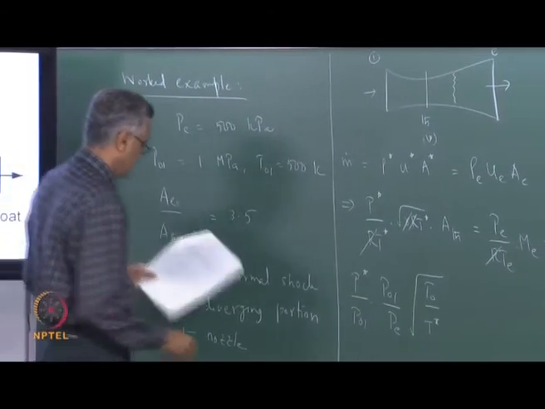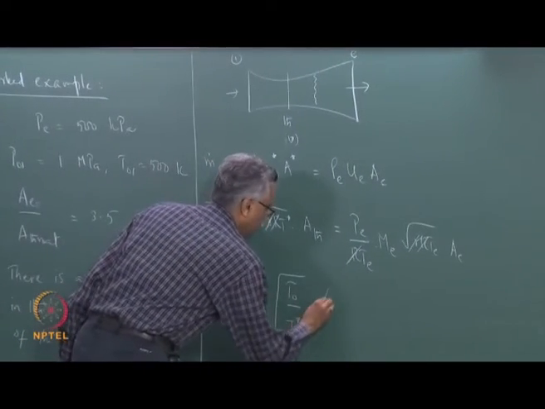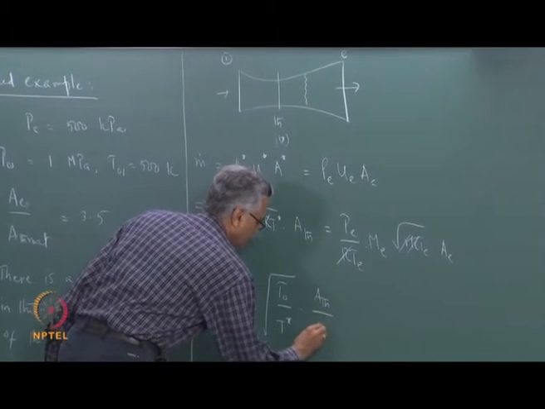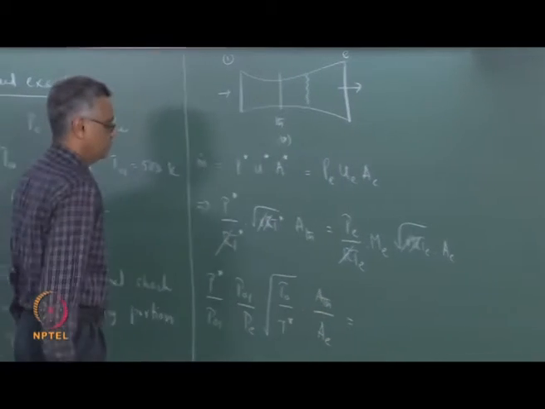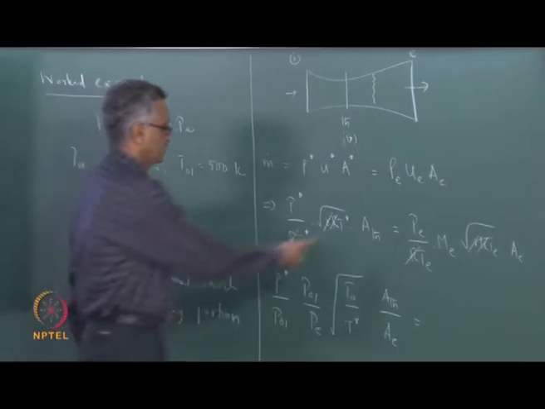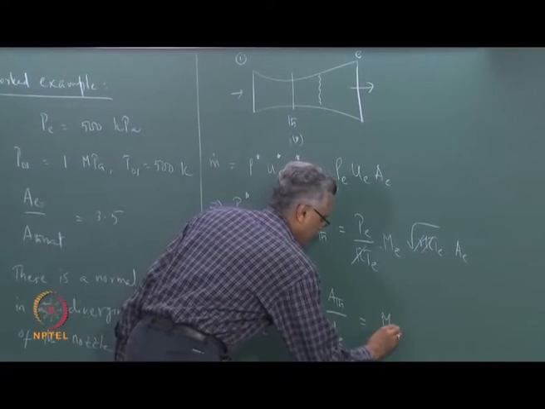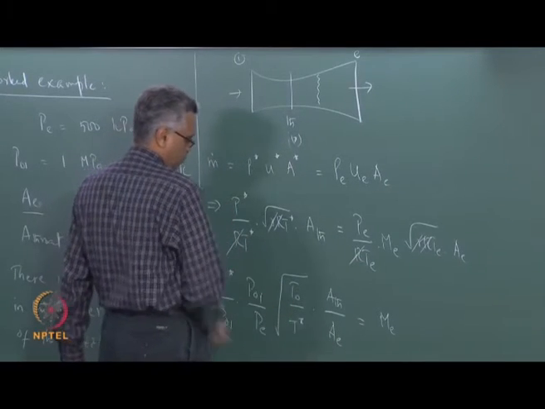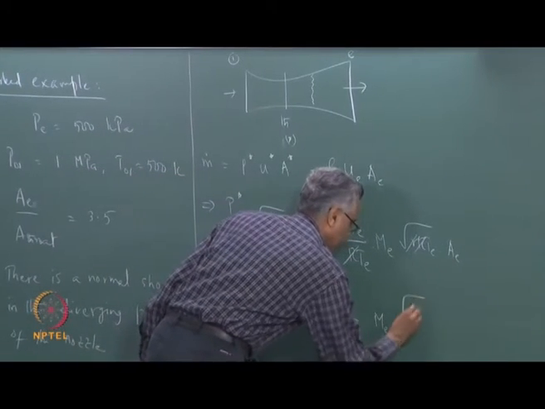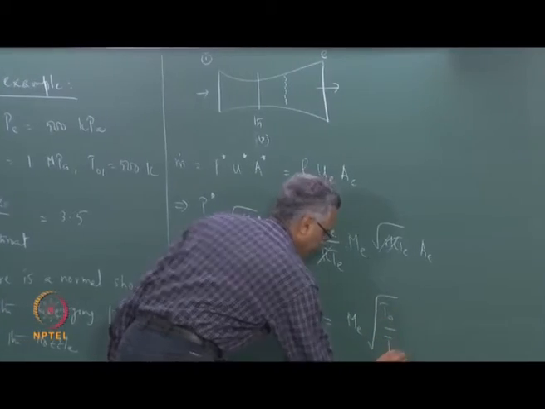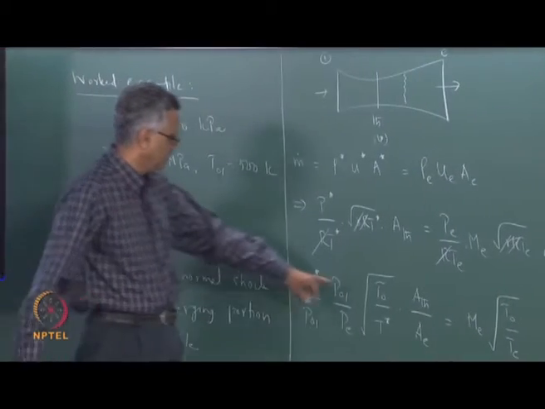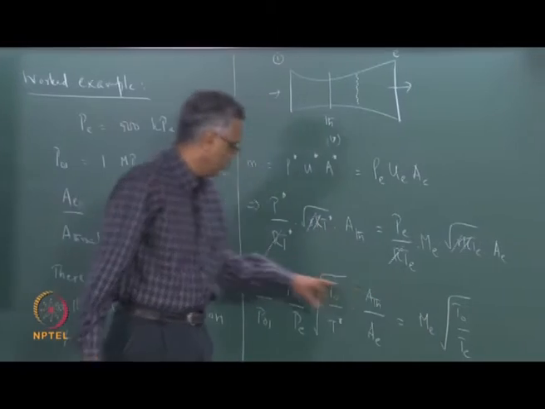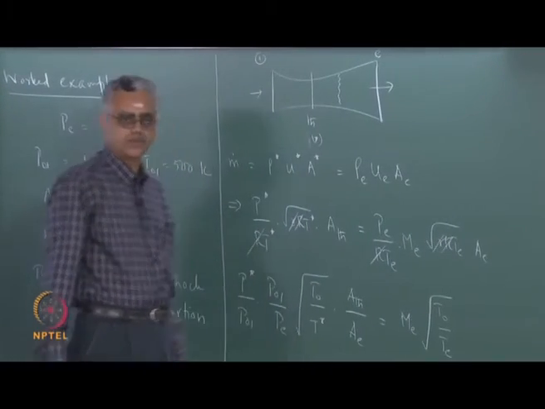So I multiply both sides with the square root of T0. Let me write this as A throat divided by A exit is equal to, ME is still left on the right hand side, the A exit has been taken here, and I have a square root of T naught here, so I can write this as square root of T naught over TE. Notice that I have multiplied both sides of the equation by a square root of T naught to write the expression in this way.